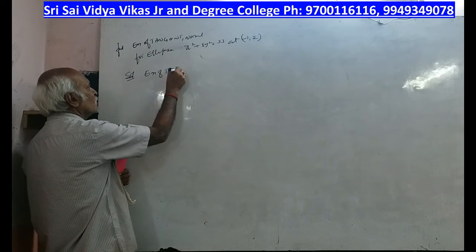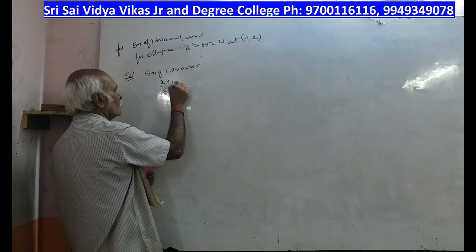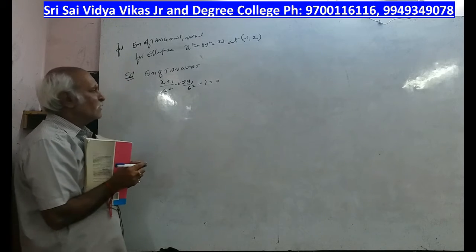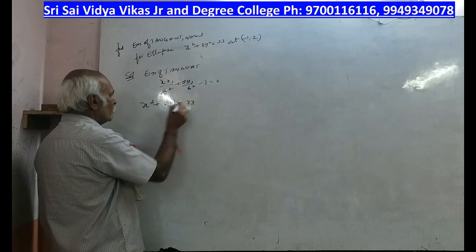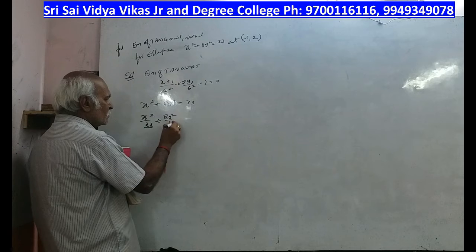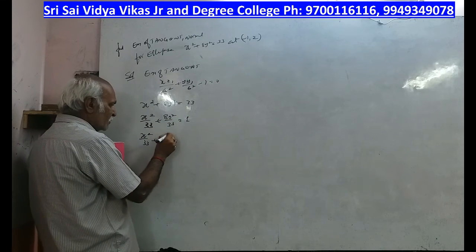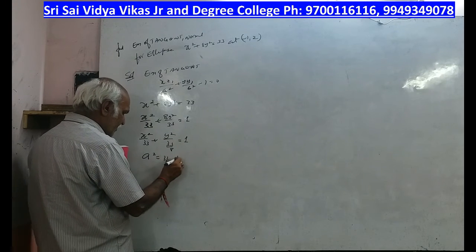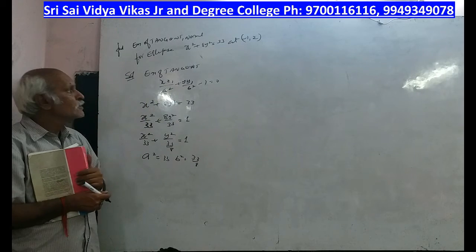Equation of tangent is x(x1) by a square plus y(y1) by b square minus 1 is equal to 0. First I am writing tangent. Okay, now what is the ellipse given? So divide, is equal to 1. Therefore plus is equal to 1. So what is the a square value? 33. b square is 33 by 8. So we got the a square value, b square value.